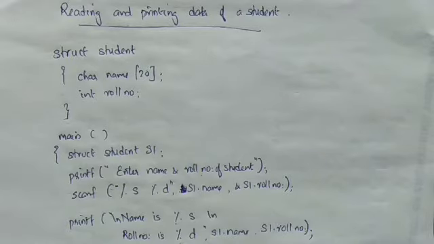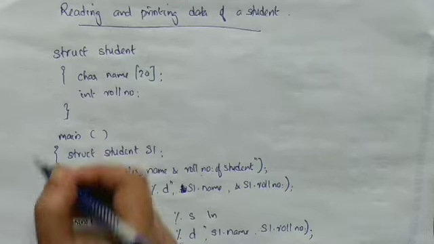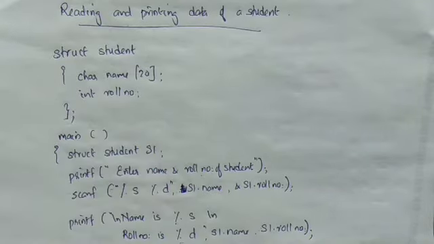Next, we will see how you can read and print data of a single student. You declare the structure student with variables name and roll number. You have the main function. You have declared a variable S1. Struct is the keyword, student is the structure name, and S1 is the variable. Enter the name and roll number. Whatever is entered as the name will be stored in S1 dot name, and roll number will be entered in S1 dot roll number.